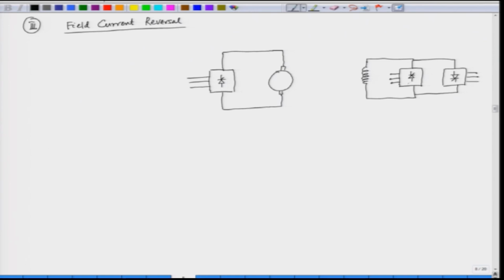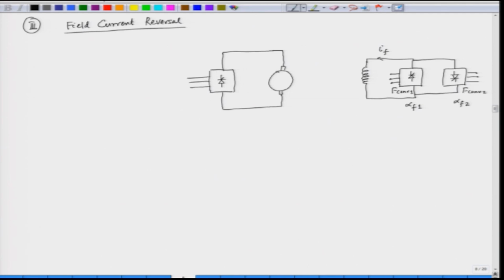So, this bridge is called field converter 1, this bridge is called field converter 2, and we have the field current which is IF, and the triggering angle of the first bridge is called alpha f1, the triggering angle of the second bridge is called alpha f2.